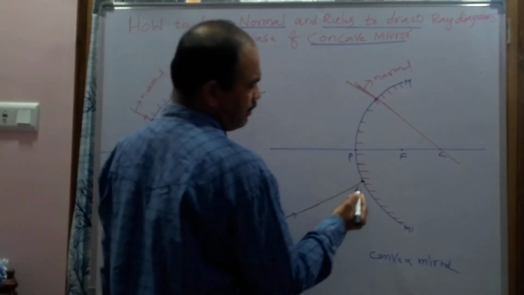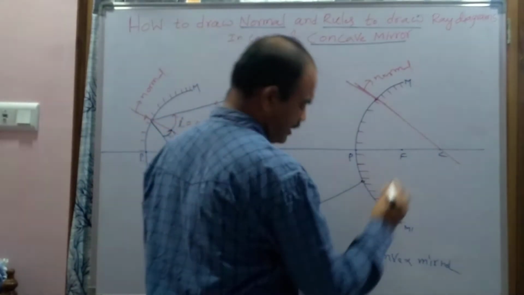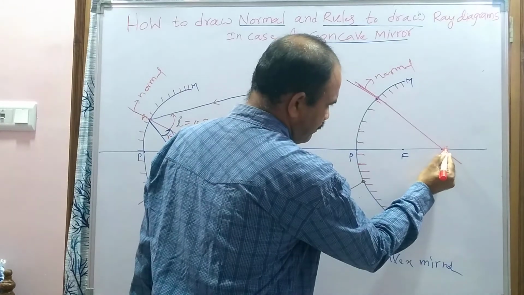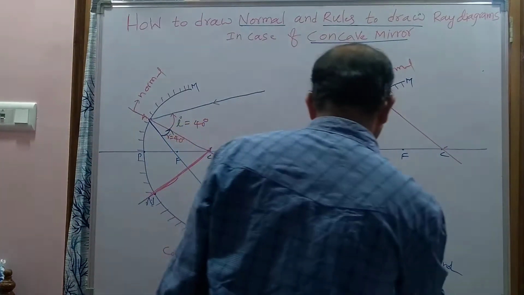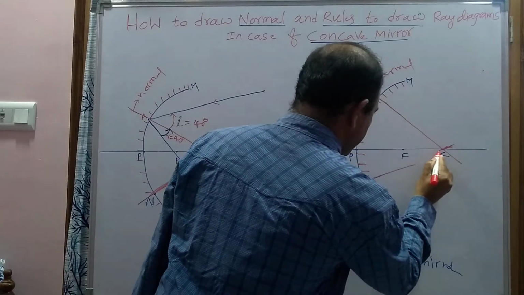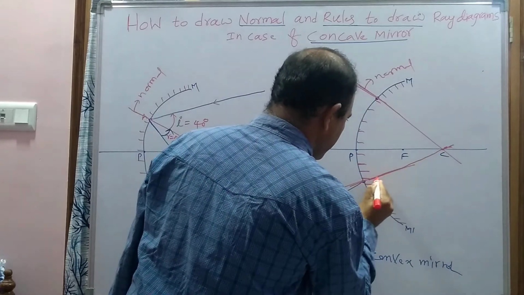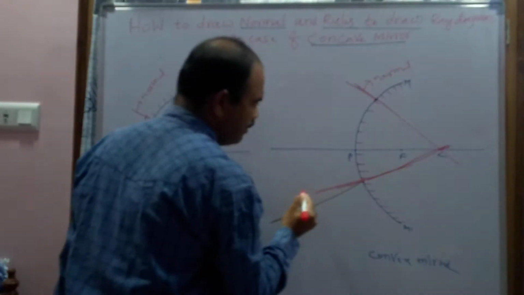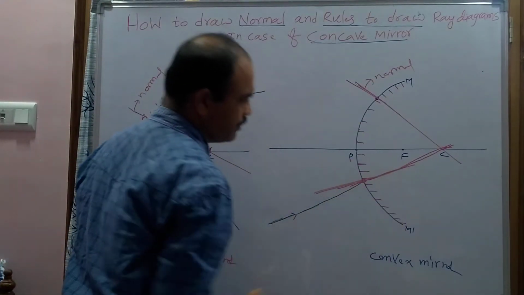Simple. First of all, take the point of incidence and the center of curvature and, with the help of a scale, join them. Now this is the normal for this point on the convex mirror.